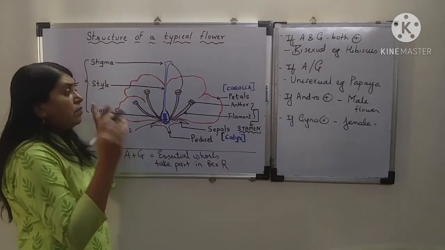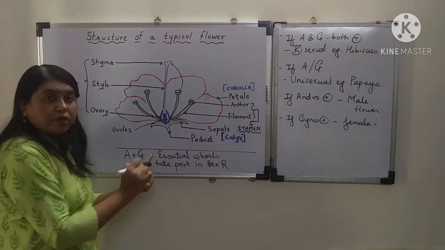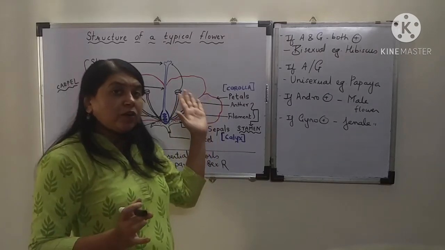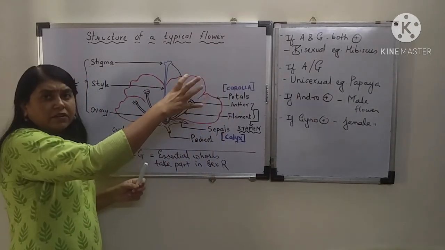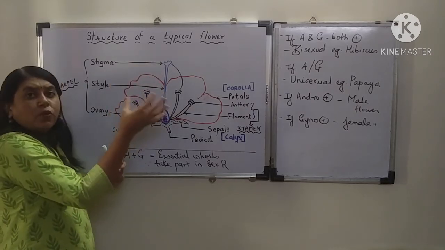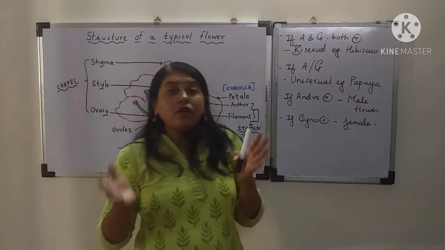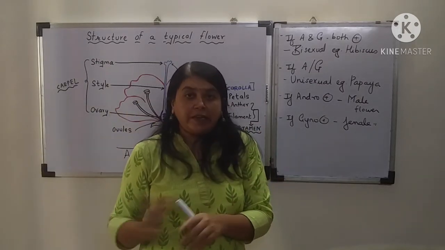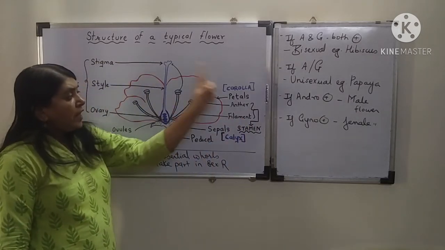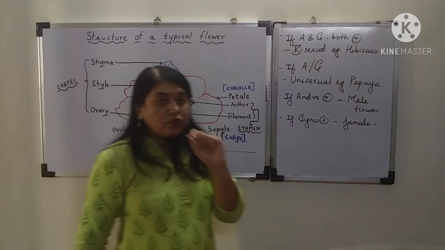If you want to draw a more proper diagram, you can have a rectangular box. I have purposely not labeled every part on one side because the space was not sufficient, and these parts become clearer if you label on the left side. It is not necessary to always label everything on the right side. You can label this way also. So you can have a rectangular box around this, and then start your answer.